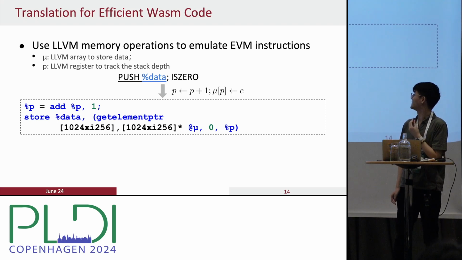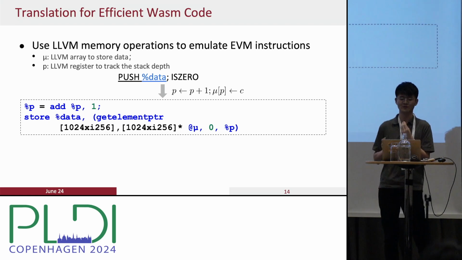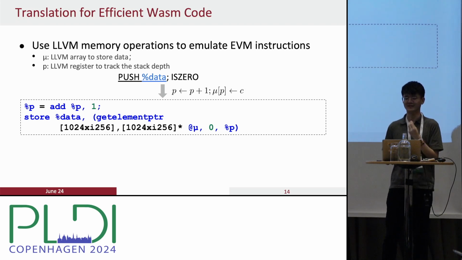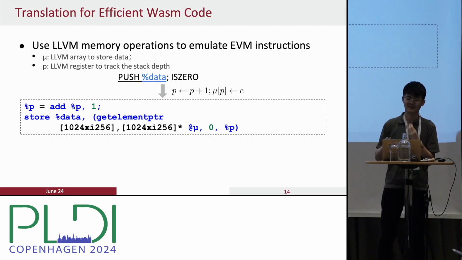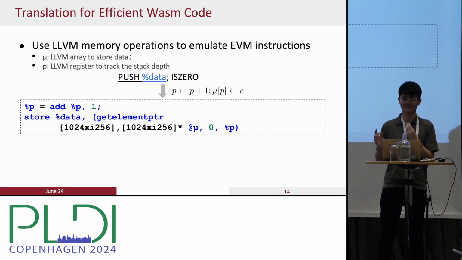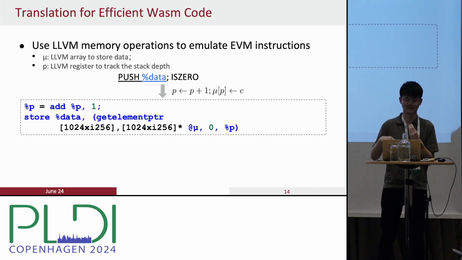In this smart contract, there are only two opcodes, PUSH and EQL. The first opcode will push an immediate data onto the stack, and then EQL will determine whether the value of the data is zero. If it is, it will push the one onto the current stack top.